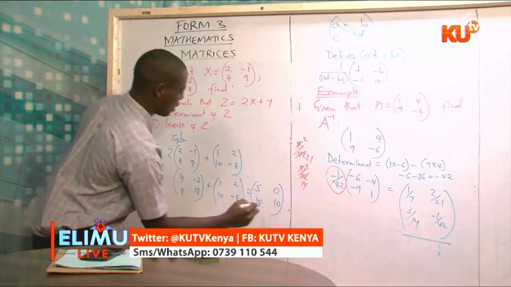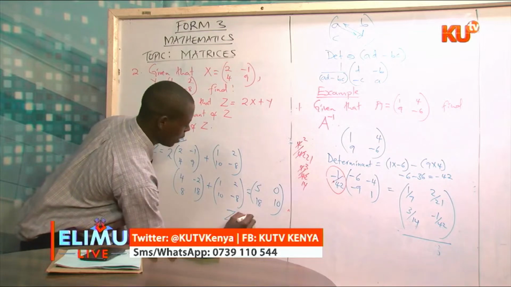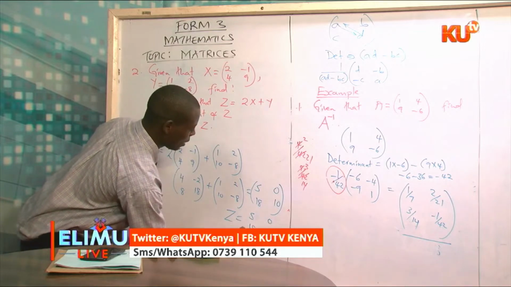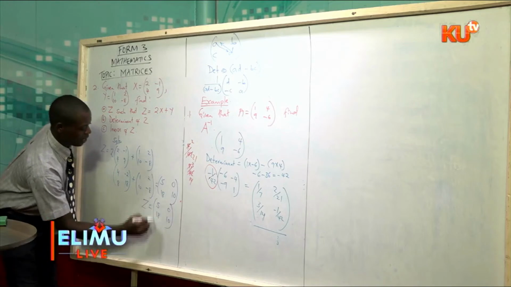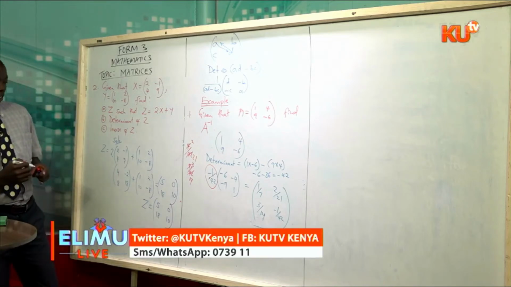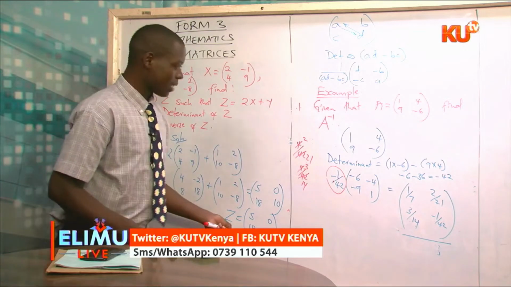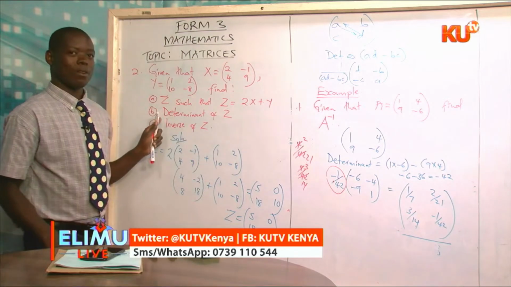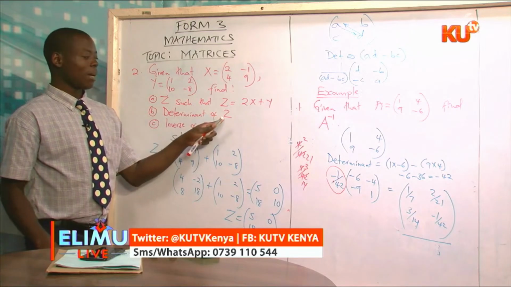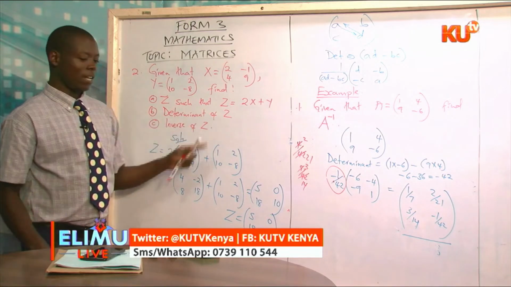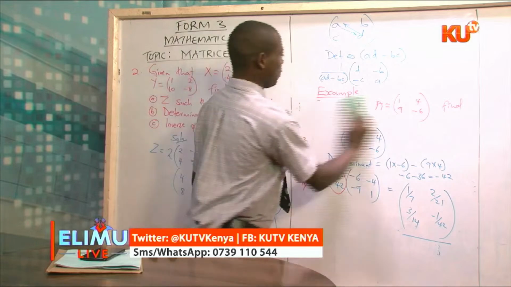That is our matrix Z. Therefore, in the question, anywhere they are mentioning matrix Z, the matrix Z is 5, 0, 18, 10. So we need to use this matrix Z to work out part B, where the instruction is to get the determinant of Z, and part C, the inverse of Z.